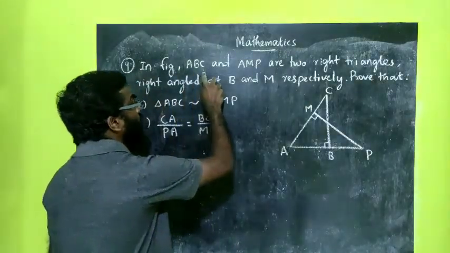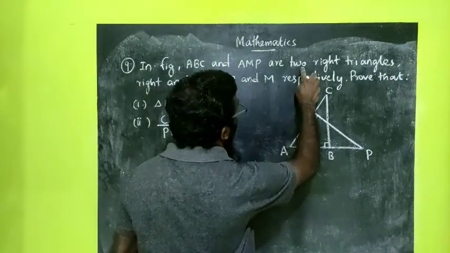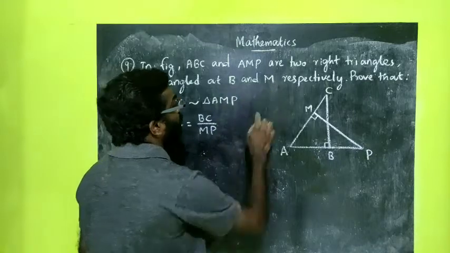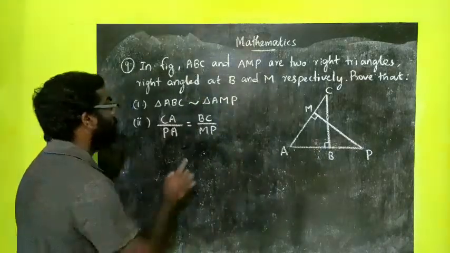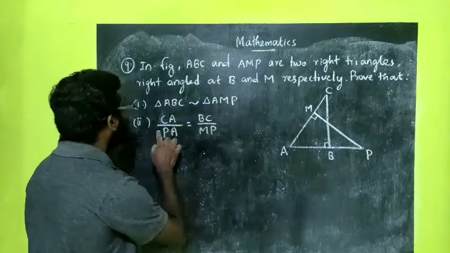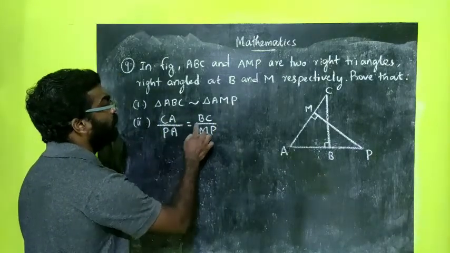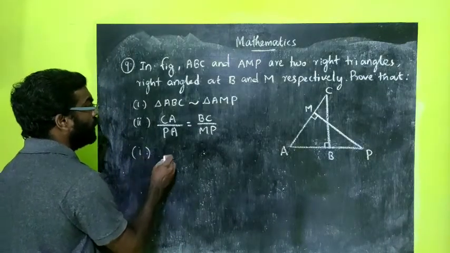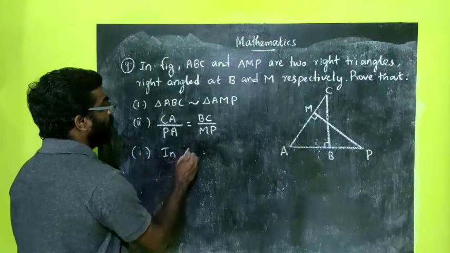In the figure, ABC and AMP are two right triangles, right angled at B and M respectively. Prove that first one, triangle ABC is similar to triangle AMP. Second part, CA by PA is equal to BC by MP. So first we can take the first part.